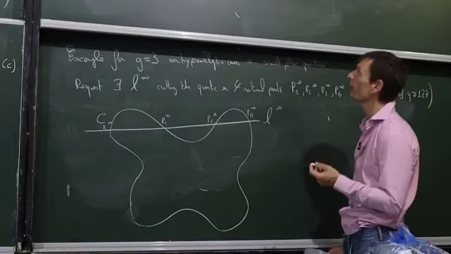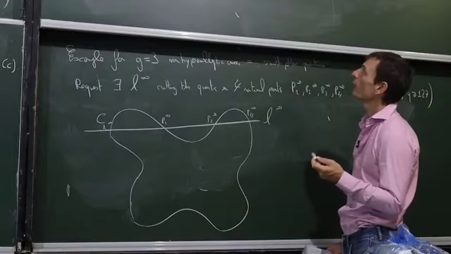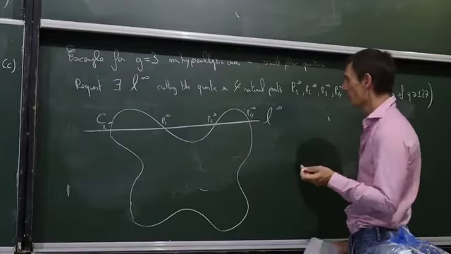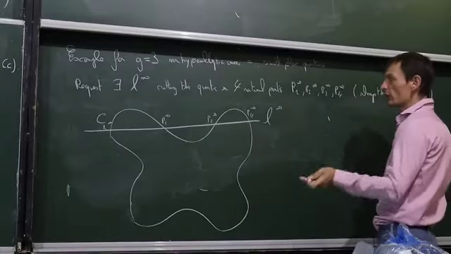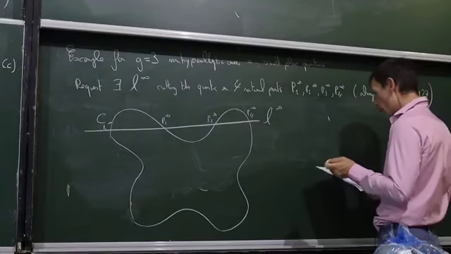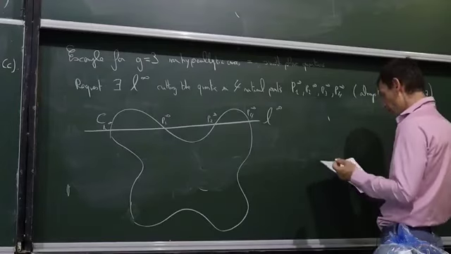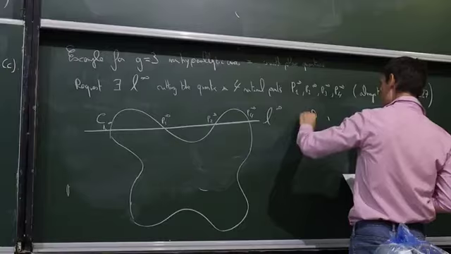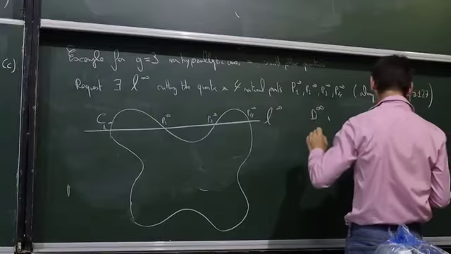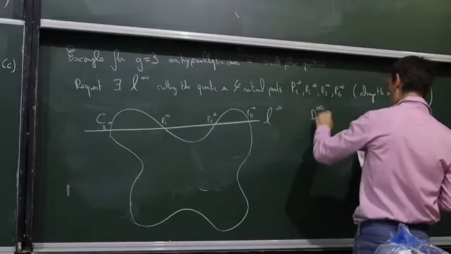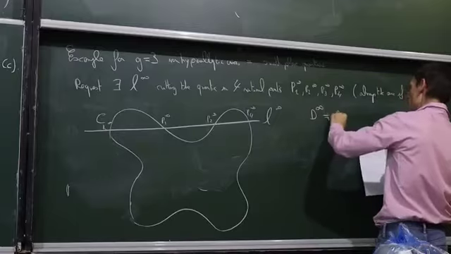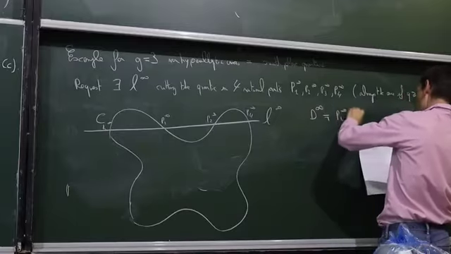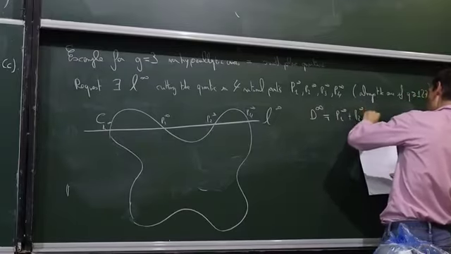What really matters is that you have something which is of degree G. So instead of taking G times a divisor of degree 1, I can directly take a divisor of degree 3 in this case. So my divisor at infinity, D infinity, is P1 infinity plus P2 infinity plus P3 infinity.